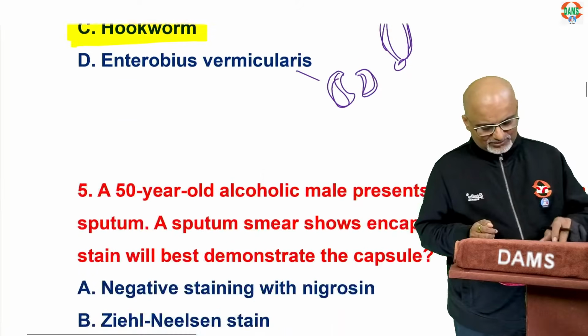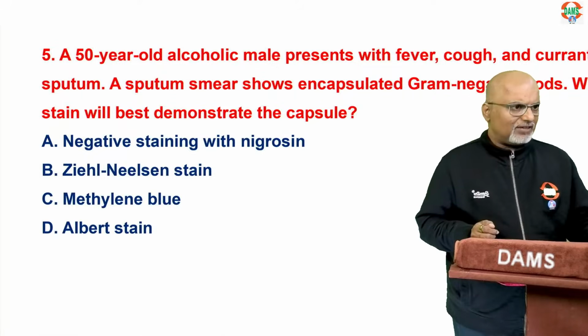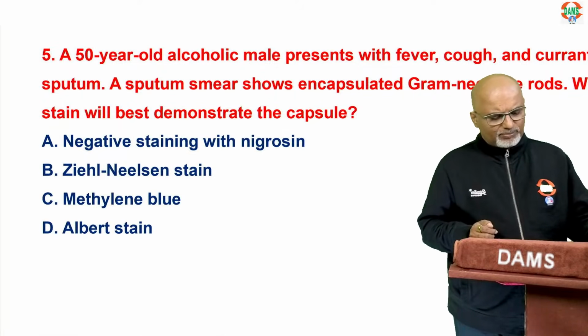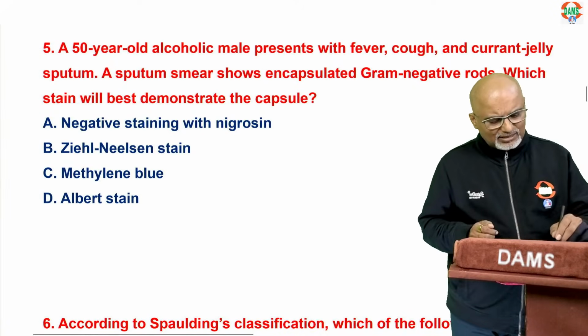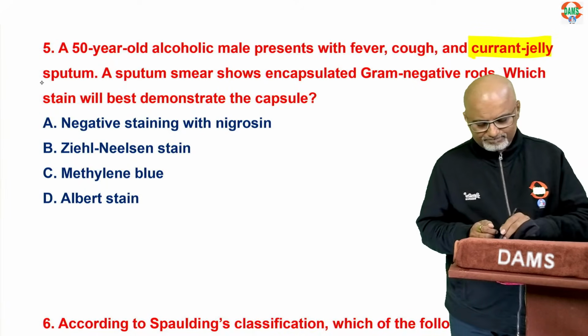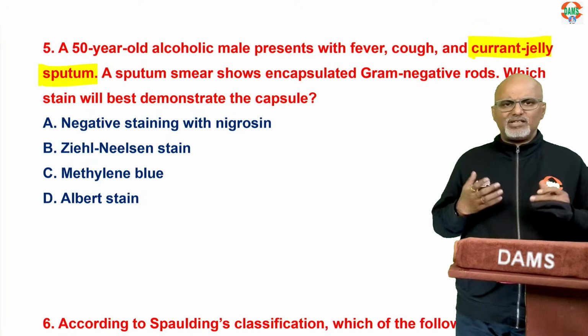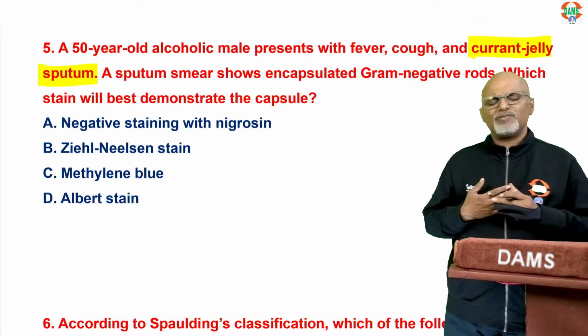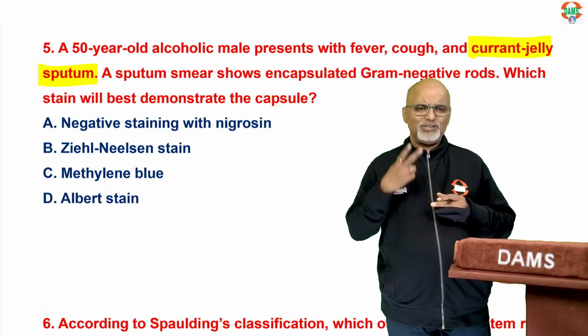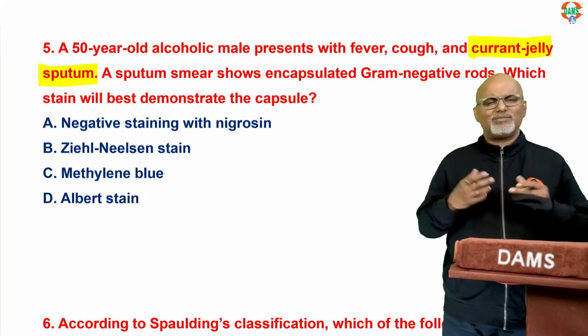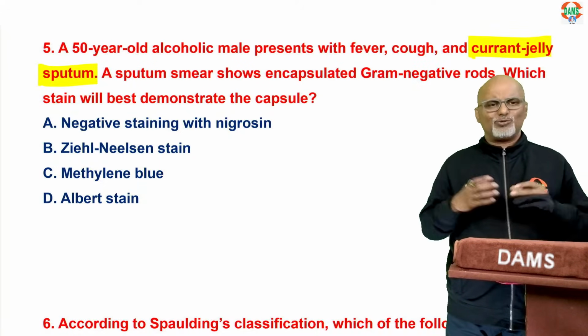Next is a 50-year-old alcoholic male presents with fever, cough and currant jelly sputum. So 50-year-old, fever, cough, my mind always goes to Legionella, especially in smokers, or Mycoplasma or Streptococcus pneumoniae in old age.